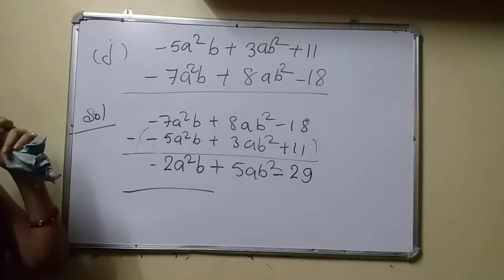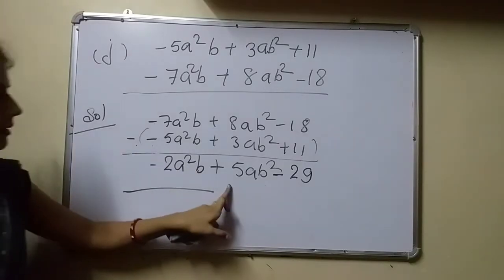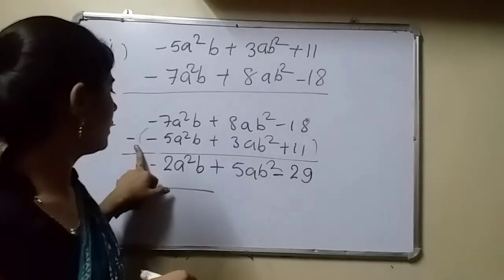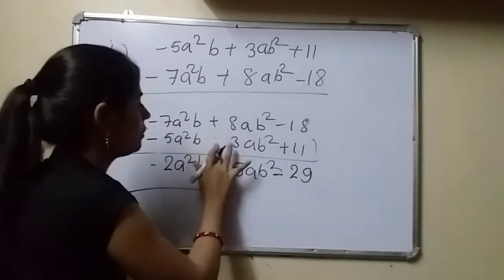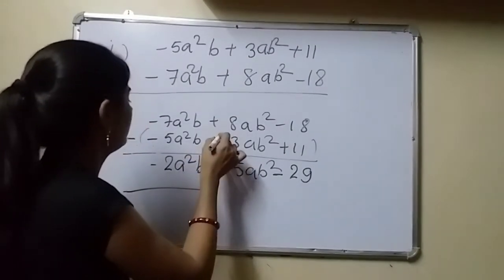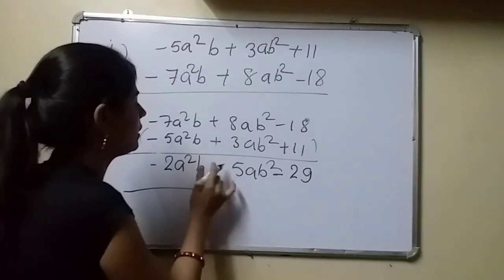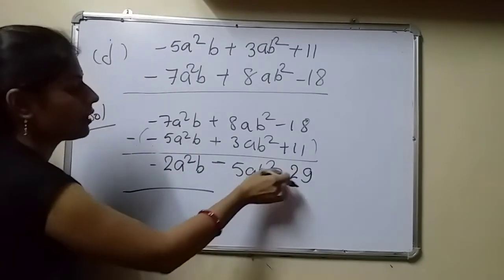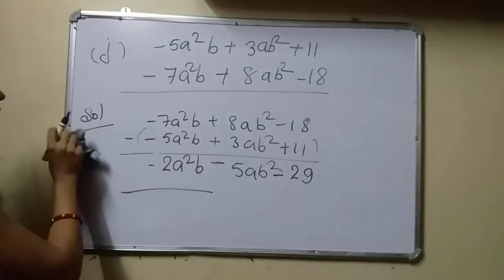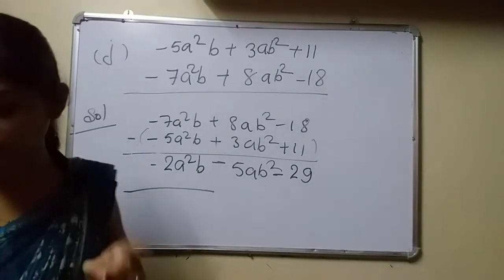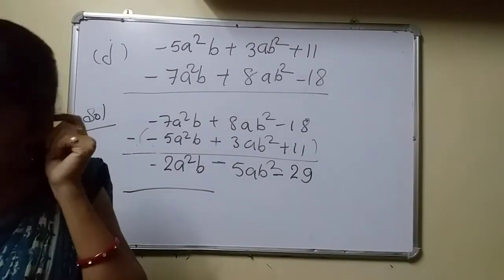Okay, see here the sign is given in minus, so your answer will come in minus 5ab square minus 29. Okay, now see question number K you have to solve and question number L I will solve.